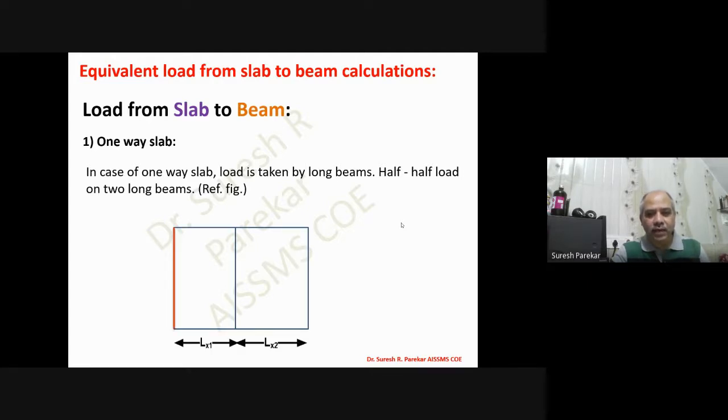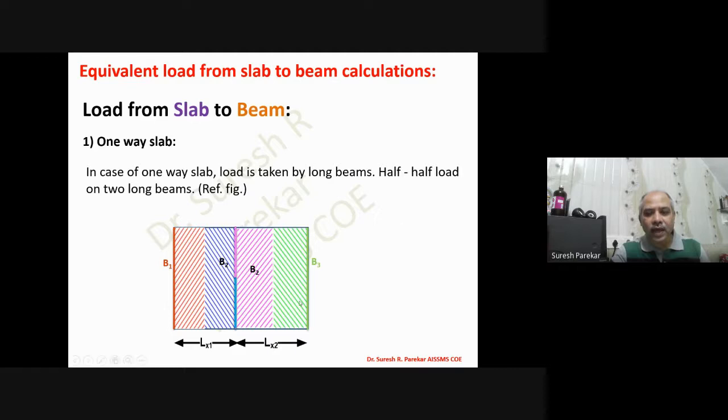So we can have this load on B1, this load on B2, half load from the other slab on B2, and then we have this on B3. So short beams are not going to carry any load from the slab. So load will be taken by long beams only.